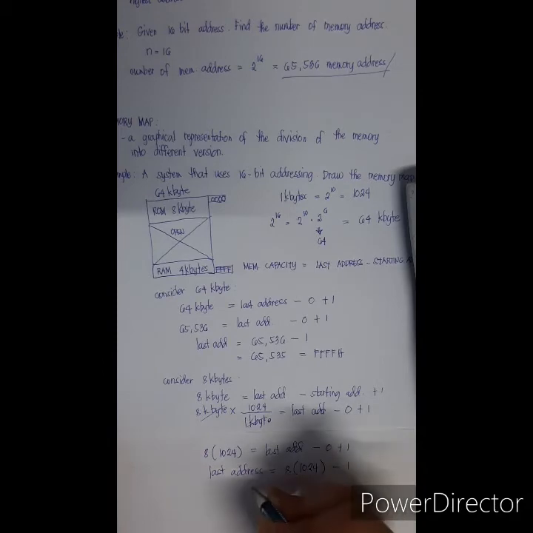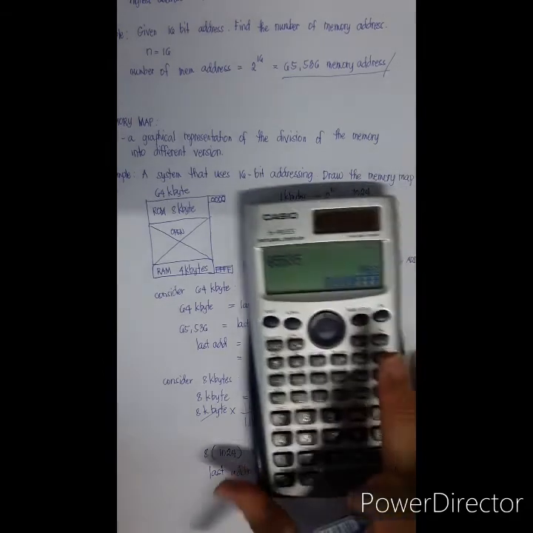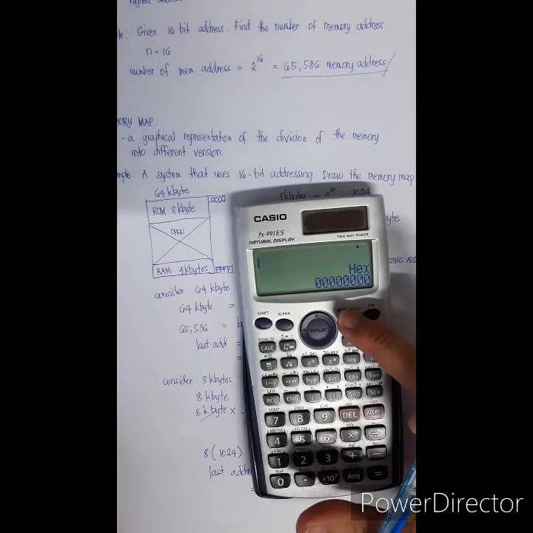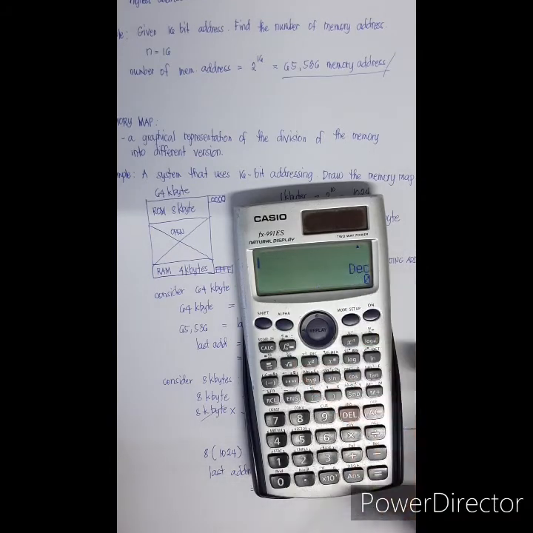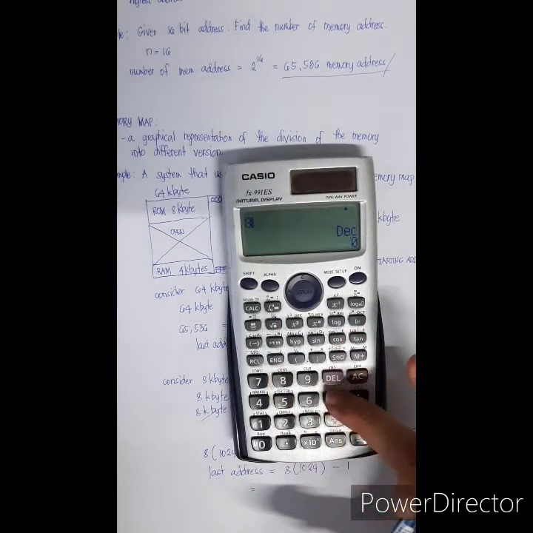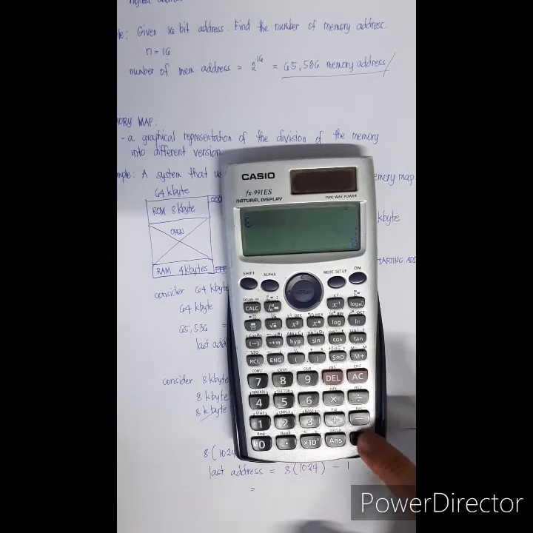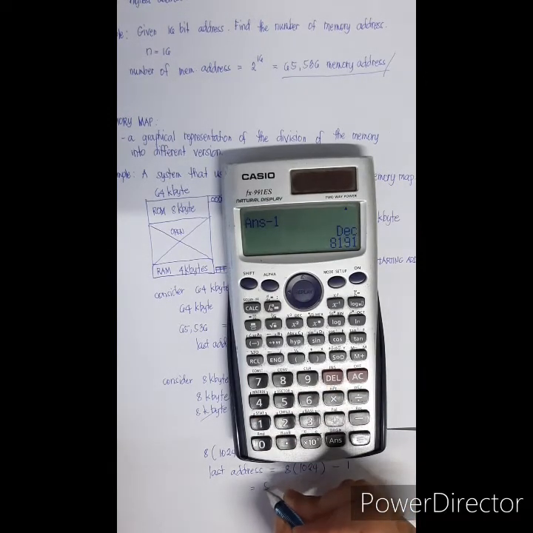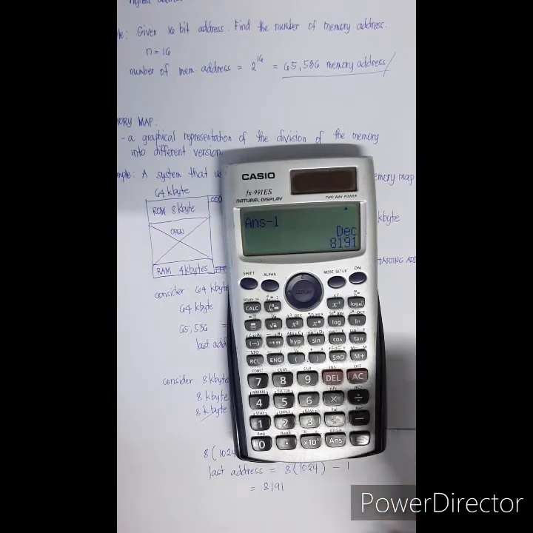minus 1. So, what would be the value? Decimal first. So, 8 times 1024 minus 1 is 8191. Let us convert that to hexadecimal.